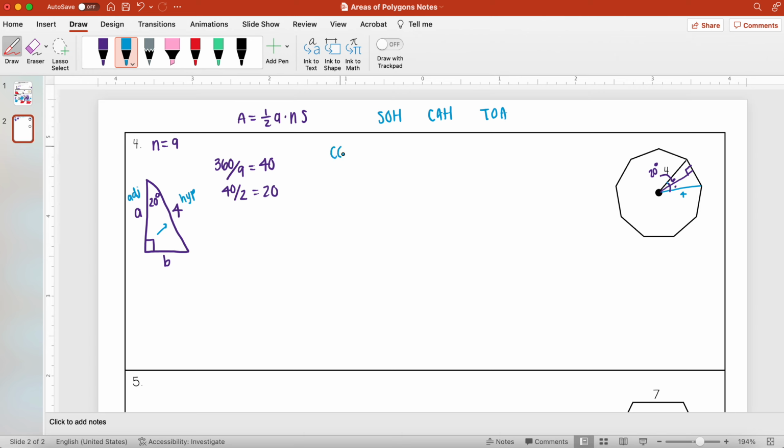And so this becomes cosine of 20 is equal to my adjacent over my hypotenuse, so a over 4. And so solving for a, I can just multiply 4 on both sides, and I get that a is equal to 4 cosine of 20.